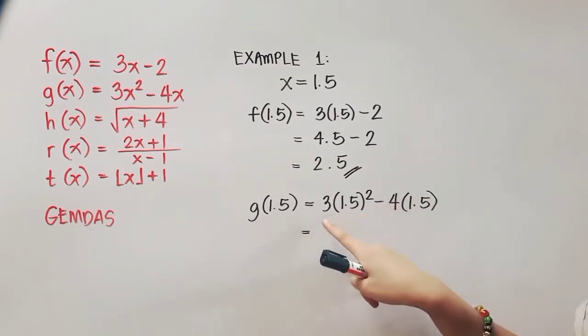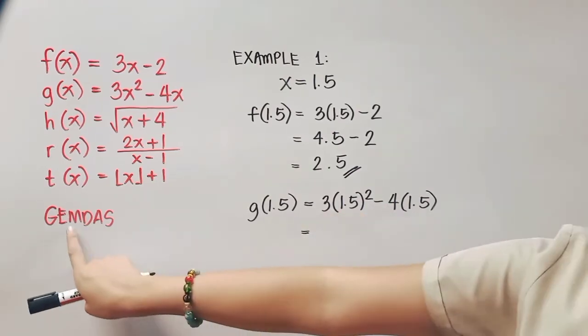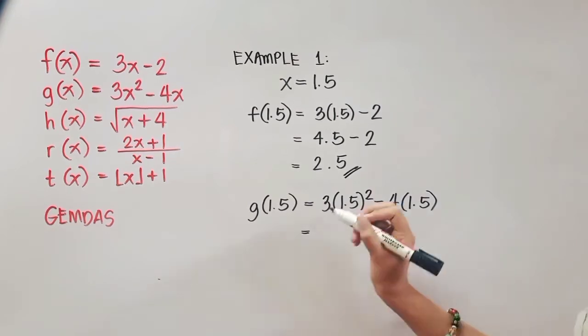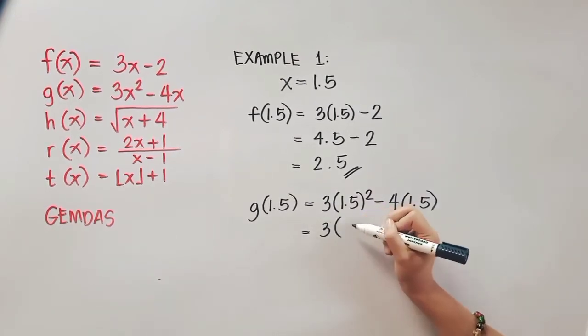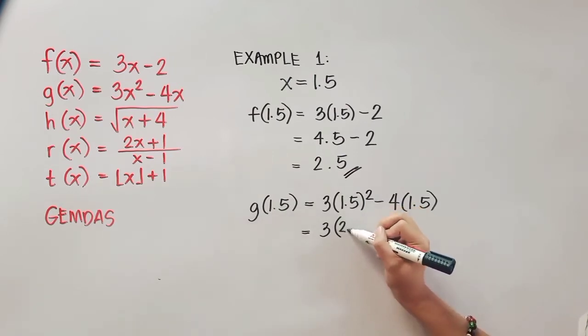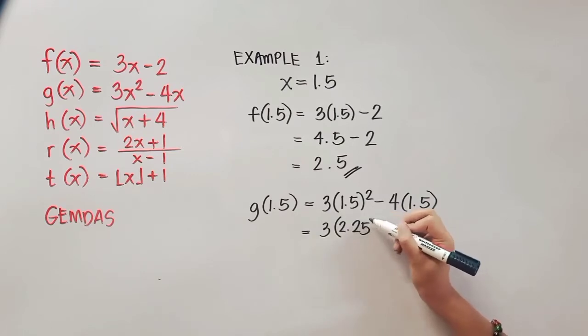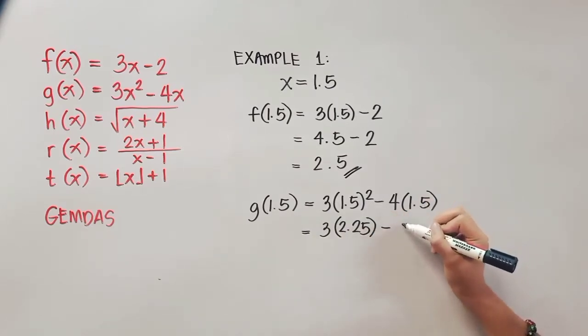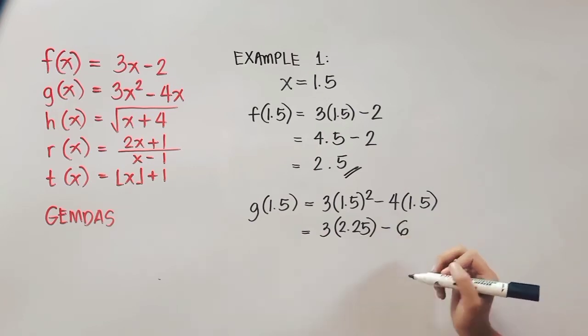After that, we'll start with the exponent before multiplication. So we have here 3, 1.5 raised to 2. That will give us 2.25. And then you multiply this portion, so that will give us 6.